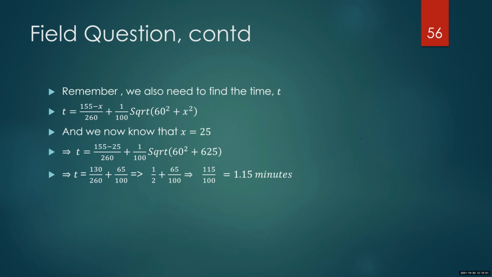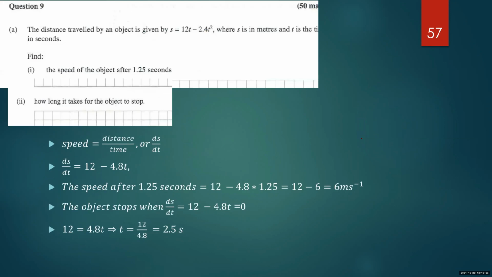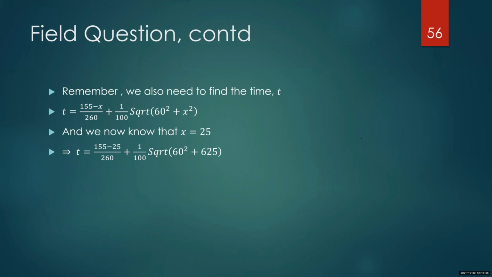But it doesn't ask you to. And so, actually it does. I beg your pardon. It's 1.15 minutes, so we need to convert that to seconds, because if you go back to the original question, it says find the value in seconds. So we convert that, multiply that by 60.